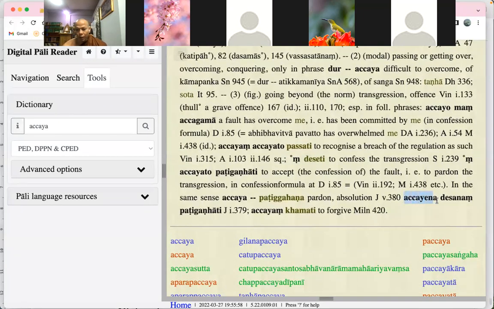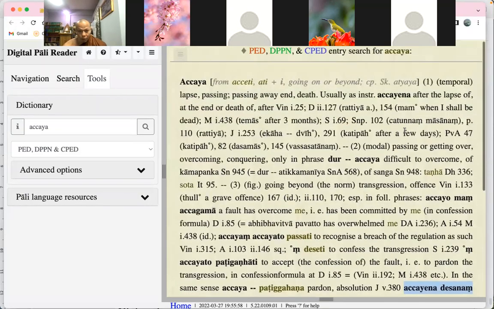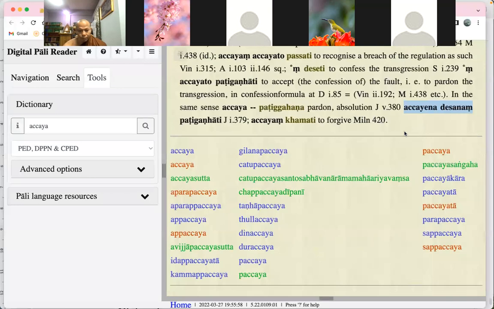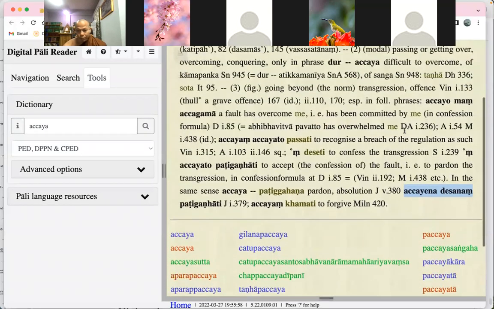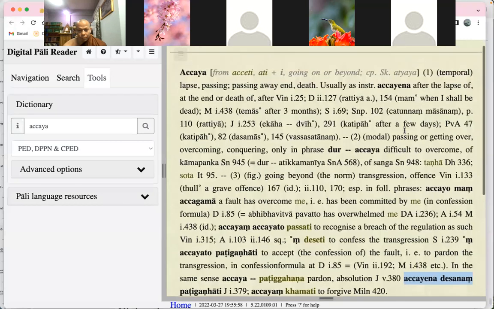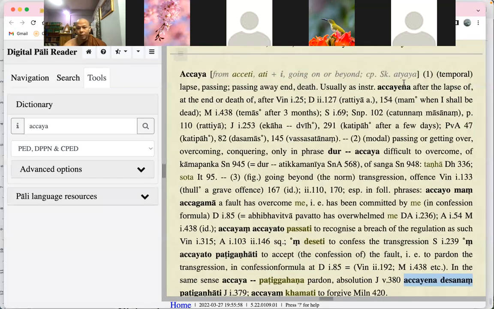So after the leaving of, or the end of, or on the death of.